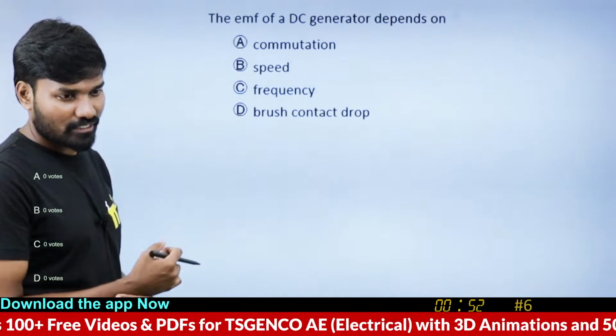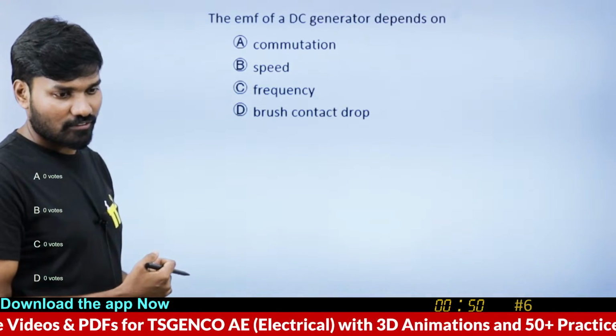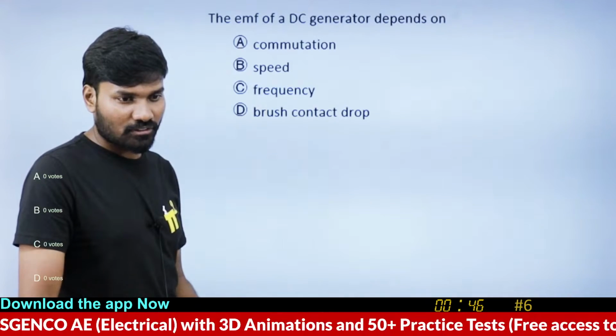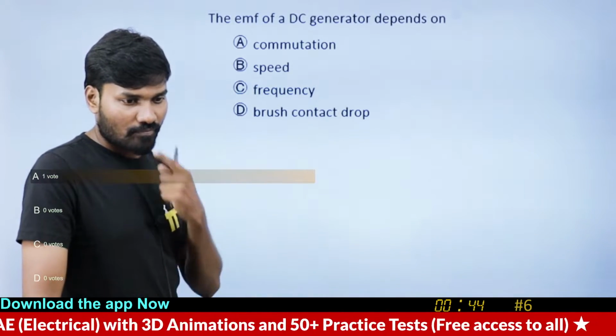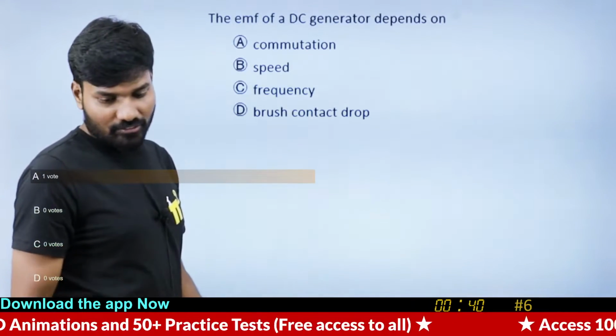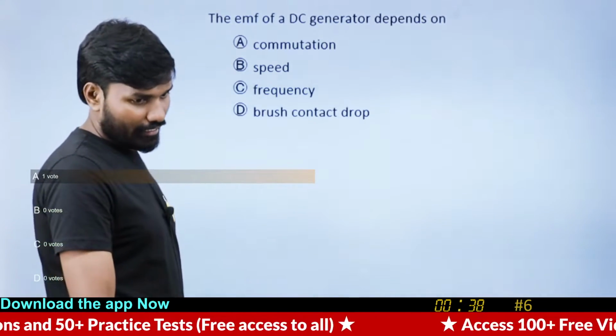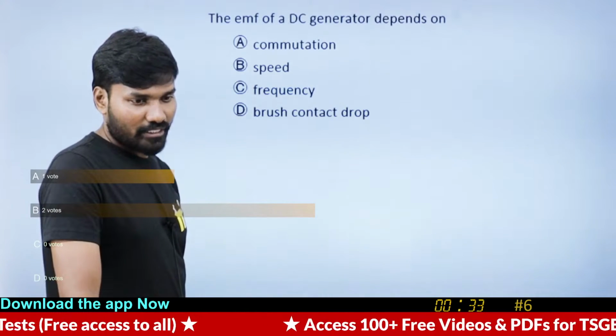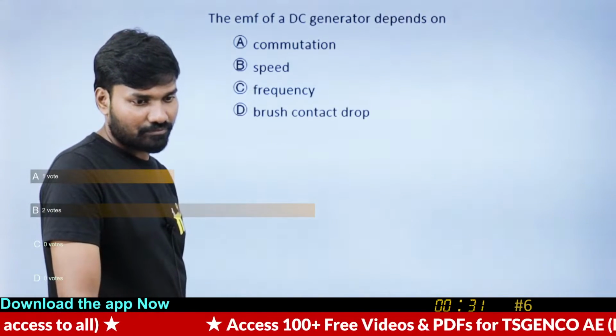This is flowing. Okay. Do you guys have some questions? No. Anil is saying A. Gopalakrishna B. Sampath B. Okay.